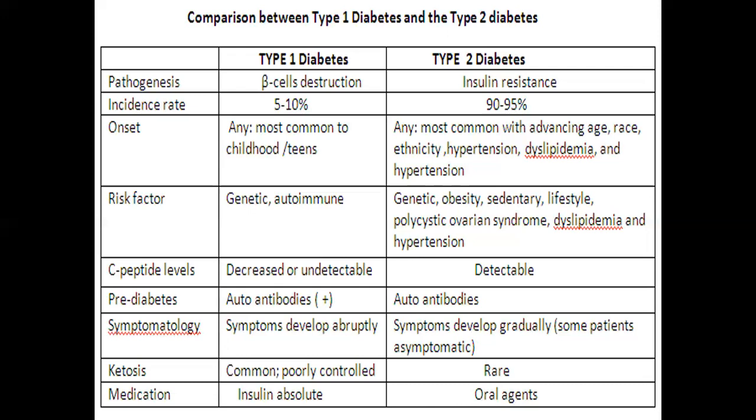Now, ketosis is more common in type 1 diabetes mellitus. And the usual treatment for type 1 is administration of insulin. However, for type 2, there are also cases wherein we administer insulin subcutaneously.